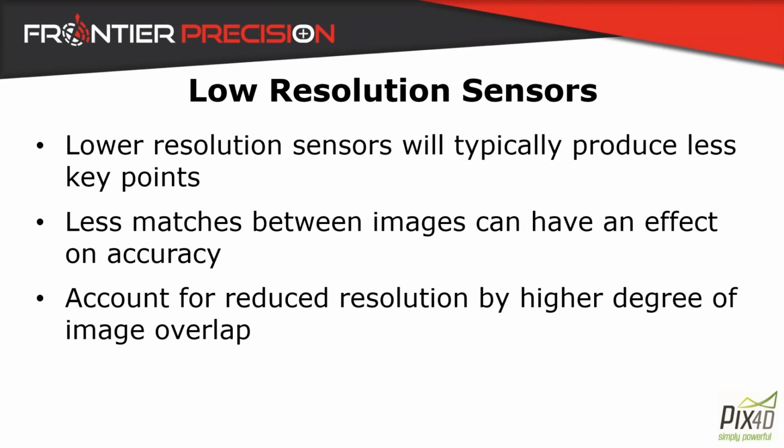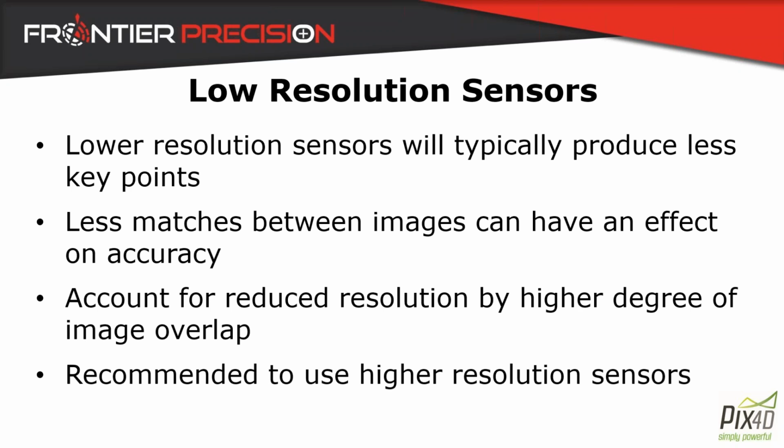Also, if you have a lower resolution sensor on your UAV, it's highly recommended that you try to account for it by using a lot more overlap in your images. That's going to be key to process these successfully in Pix4D. However, we would recommend trying to use a higher resolution sensor for your project, just to ensure that you get sufficient imagery.